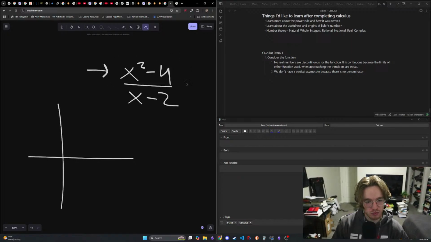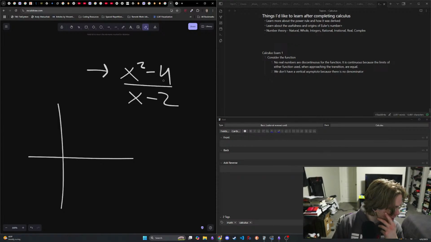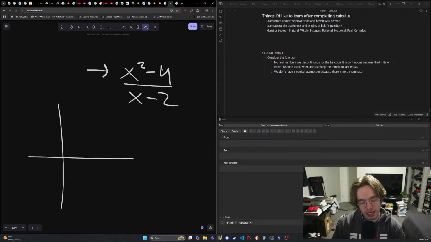Because when we're dividing by a decimal, it increases the numerator, right? Instead of decreases when it's greater than 1. Okay, so this one actually I think will asymptote.